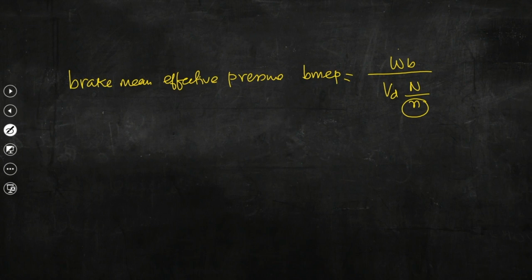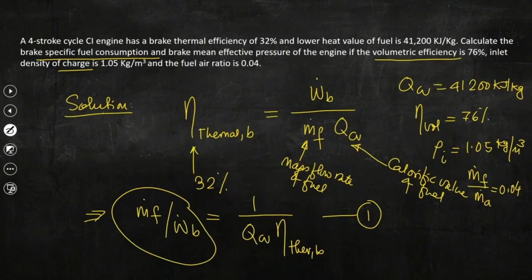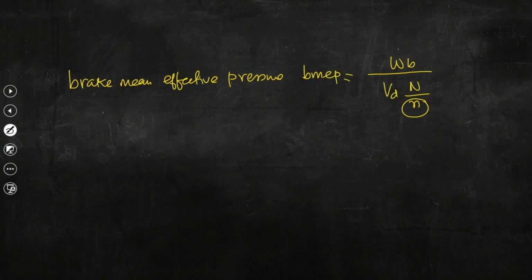If we go back to the previous slide, it is a 4 stroke cycle engine. That means small n equals 2. So, I can write it, that would be twice into W dot B divided by Vd, that is displacement volume, into N.